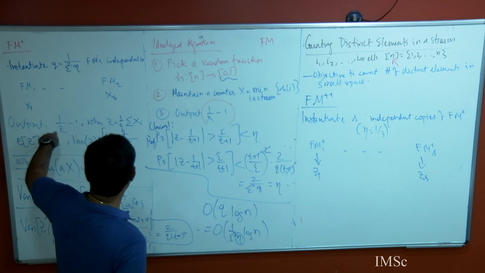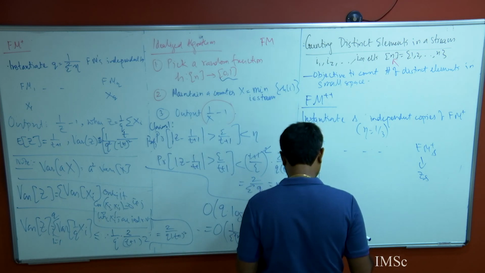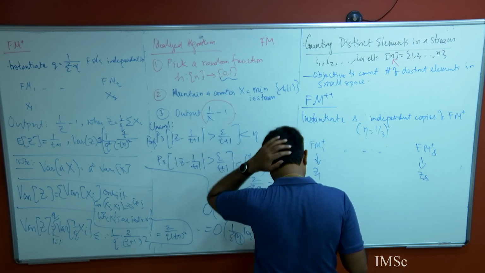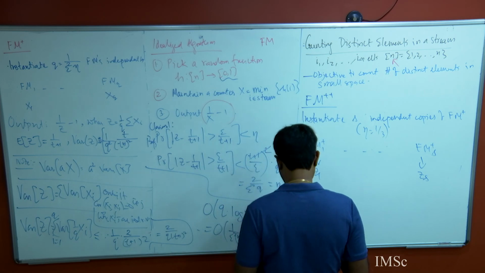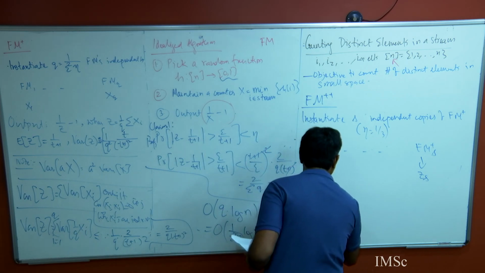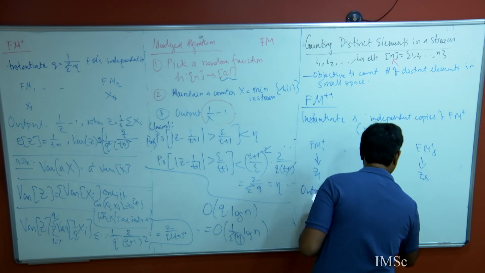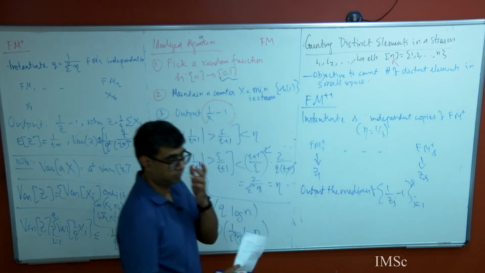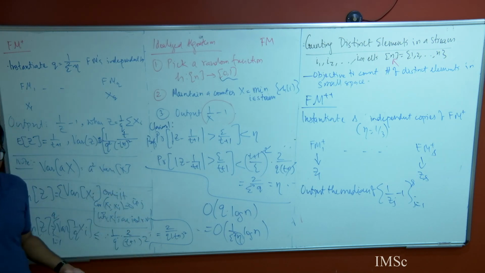Again I will return 1 over Z minus 1, and output the median of 1 over Zj minus 1, j going from 1 to S. It's like you took these numbers, summed them up, and divided by S. That's it.